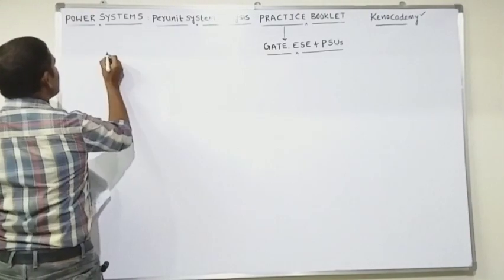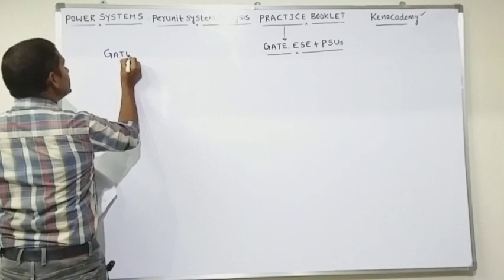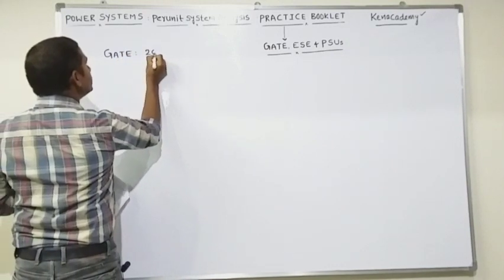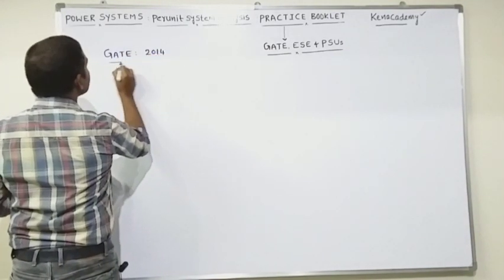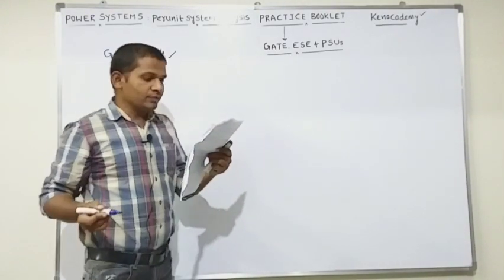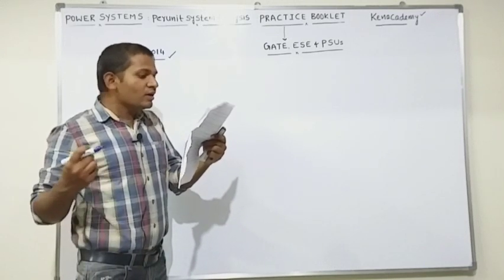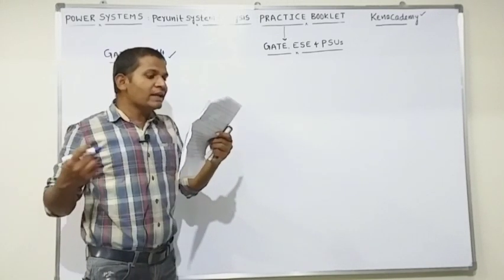Students, first I am reading the question. This is GATE 2014, a question from per unit system analysis. A three-phase star-connected load is drawing power at a voltage of 0.9 per unit.